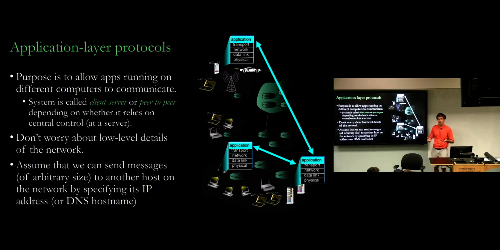You're going to do that in your project. You'll see how easy it is because the operating system and the routers and the network handle all the low-level details below the application layer. So we assume that we can send messages of arbitrary size to another host on the network just by specifying the IP address of the remote location or the DNS host name.